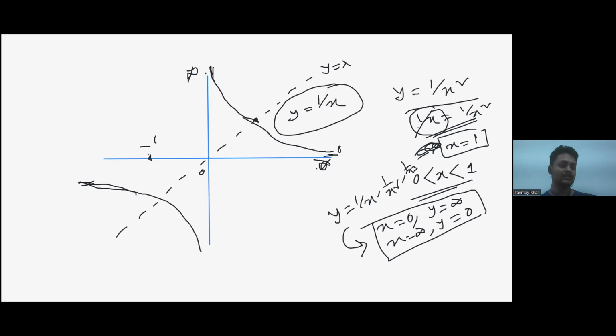In the region 0 to 1, x squared will be less than x, and at x greater than 1, x squared will be greater than x. So in the region from 0 to 1, it will be going just behind that, and this is going to be that. Obviously, infinity will occur. So you can see it.